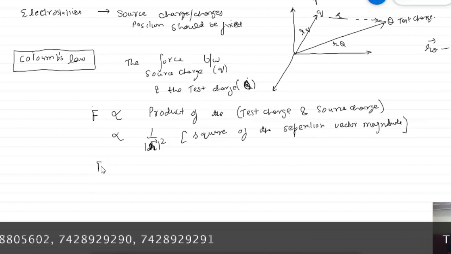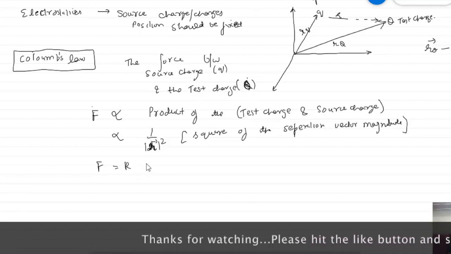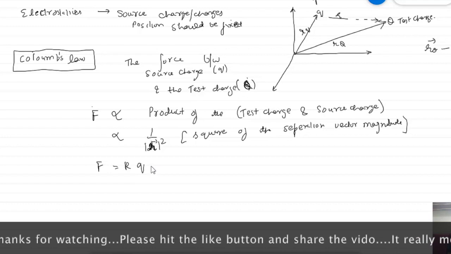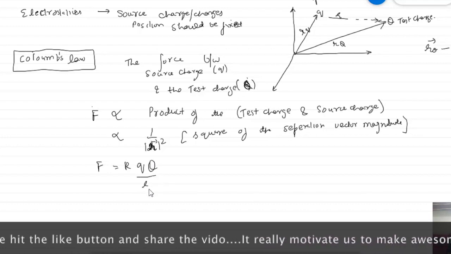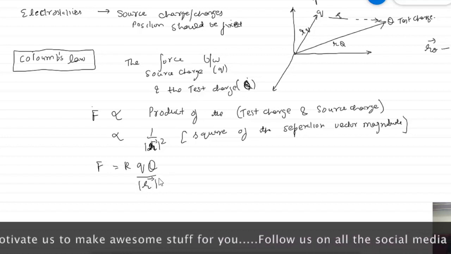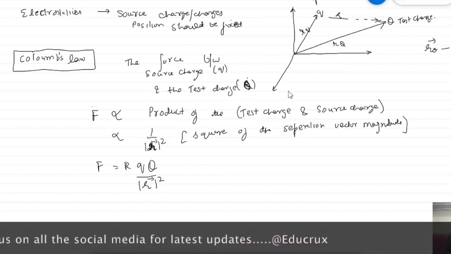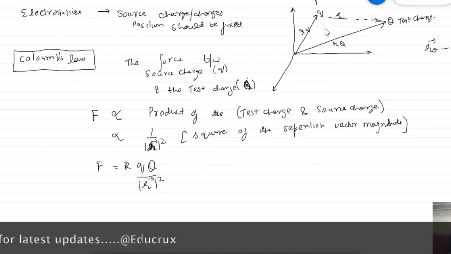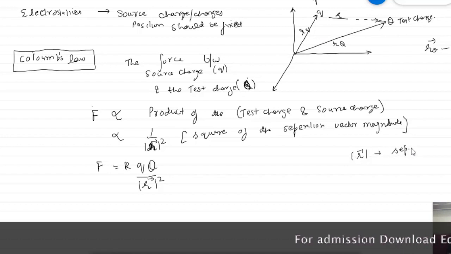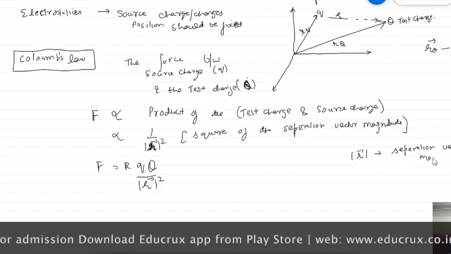If I take the constant of proportionality to be small k, I can write this down as k q Q upon |r vector| squared, where r vector is the separation vector between the source charge and the test charge, and |r| is its magnitude.